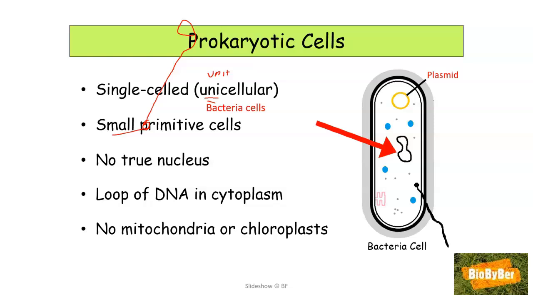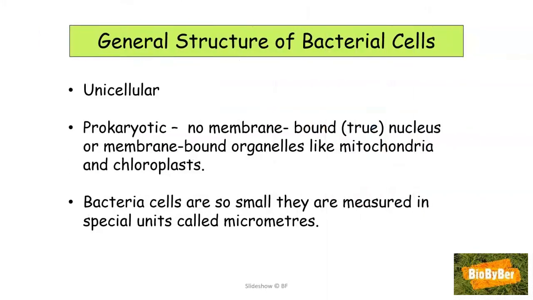So now, if we're going to study the general structure of bacteria cells, then we should see a repeat of these characteristics. Bacteria cells are unicellular. They are one cell big, and as we've said already, uni referring to the idea of a unit or one.